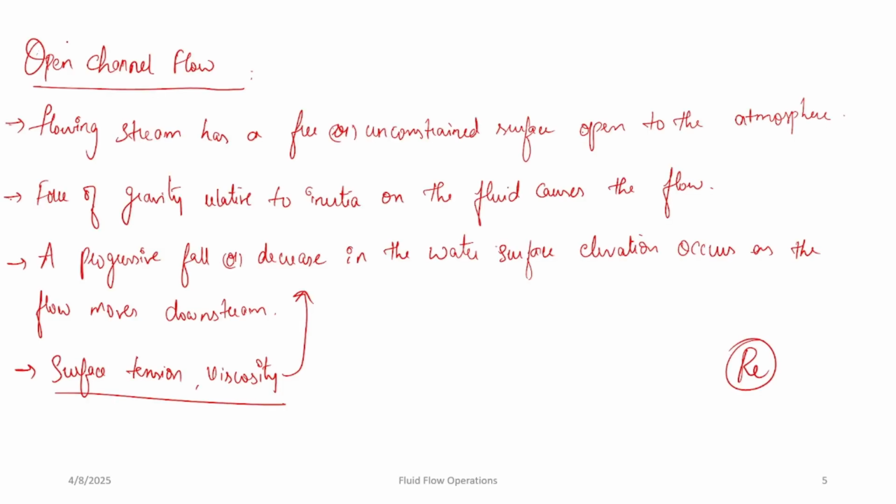Now coming to the second type, closed conduit flow, or we can also say closed channel flow. The flow in these closed channels is basically caused because of the pressure difference.